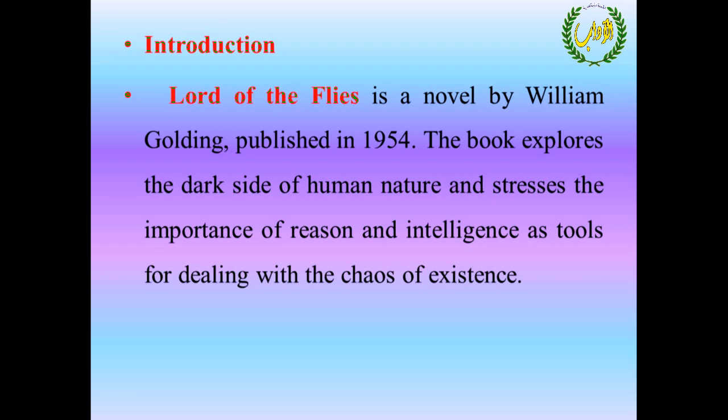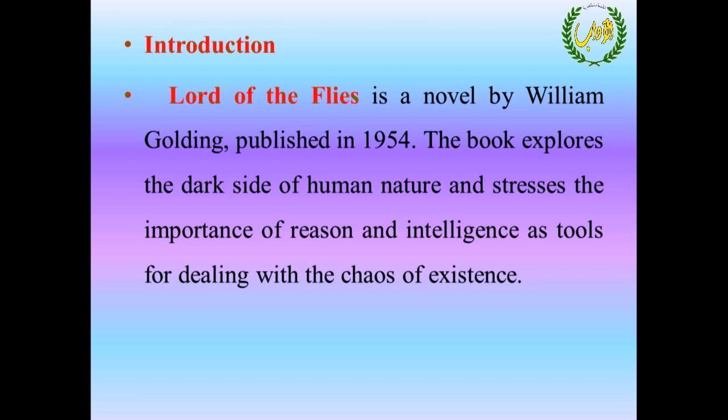So this is a very short summary of the novel. The theme of the novel deals with human nature. So from the beginning, we know that the theme of the novel is universal, and it can be applied in every situation and every time and every place.